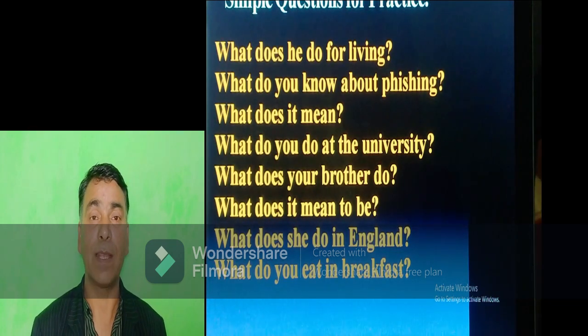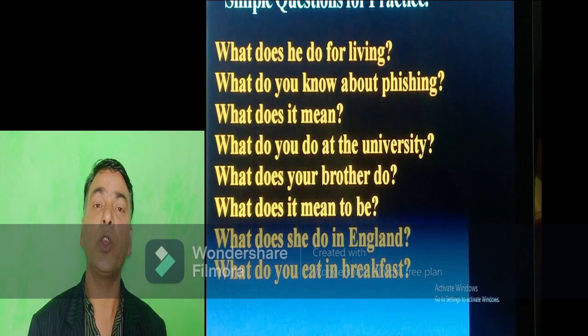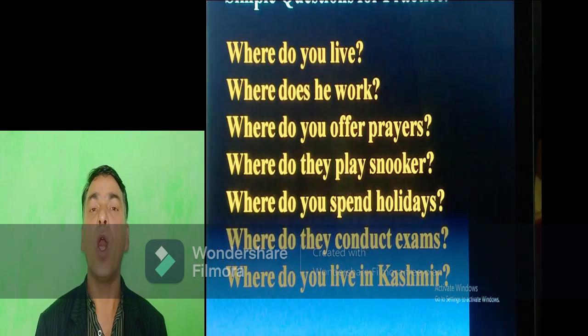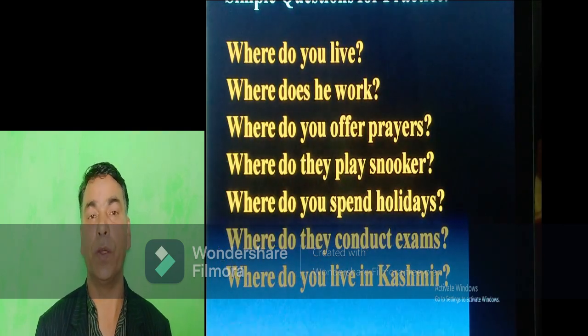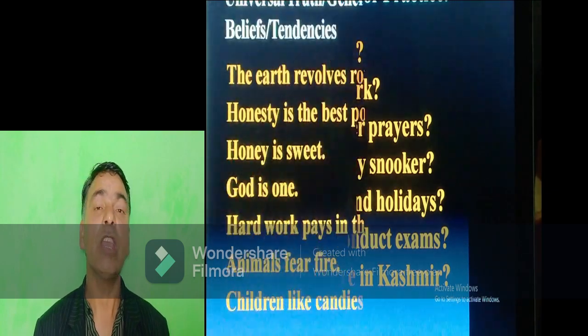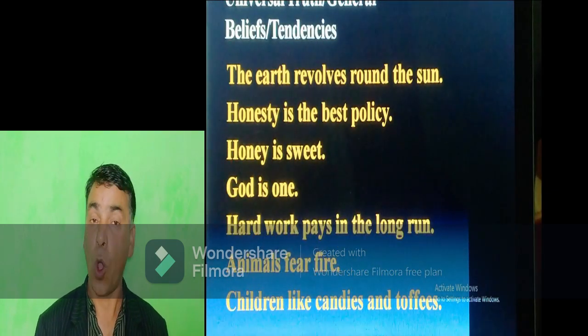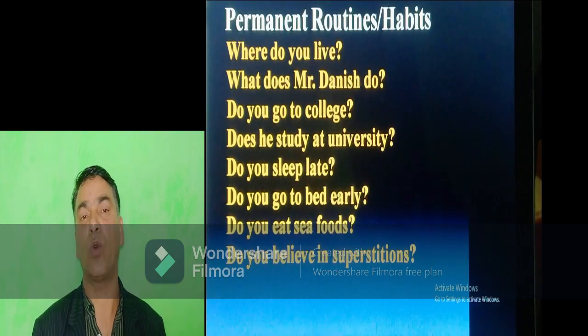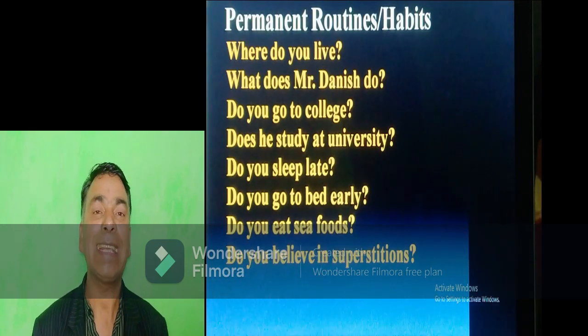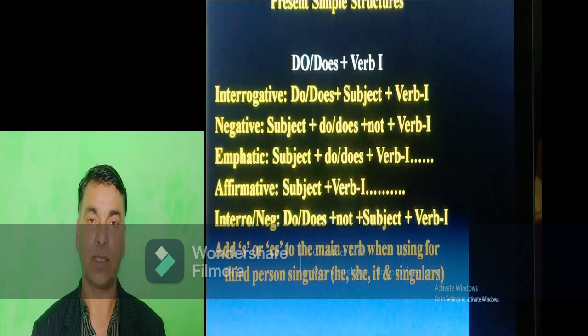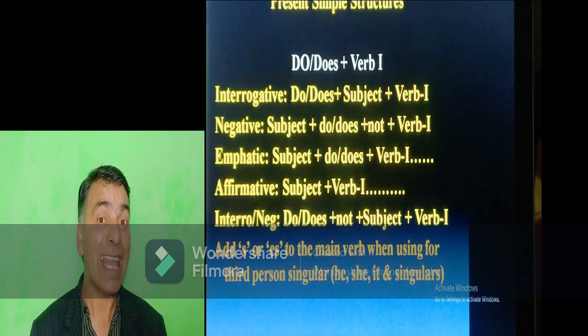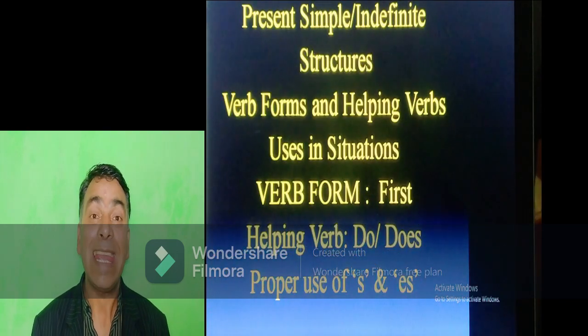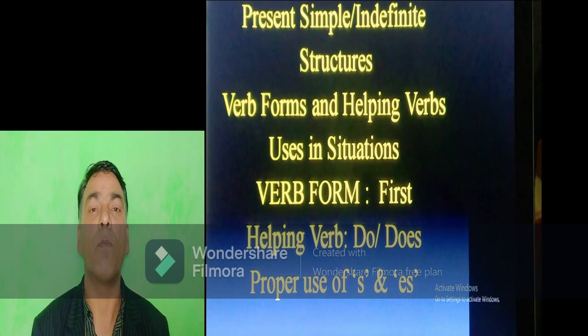Yes, one thing happens there as well: when you are using present simple for third person singular, like he, she, it, and all singular nouns, you add s or es to the root form of the verb.